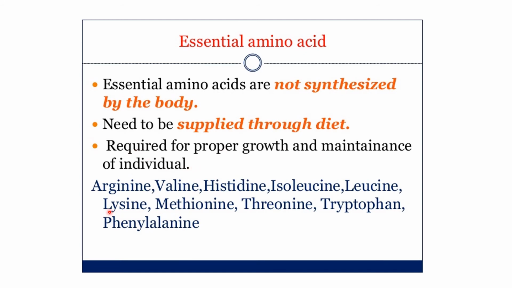Now, what is the list of the different essential amino acids? The list is arginine, valine, histidine, isoleucine, leucine, lysine, methionine, threonine, tryptophan, phenylalanine. These are the essential amino acids, the ones which are not synthesized by the body. Since they are essential, we have to supply them externally through the diet.